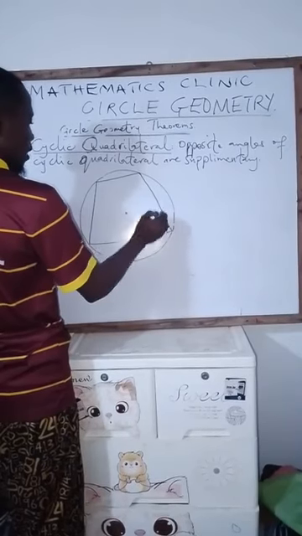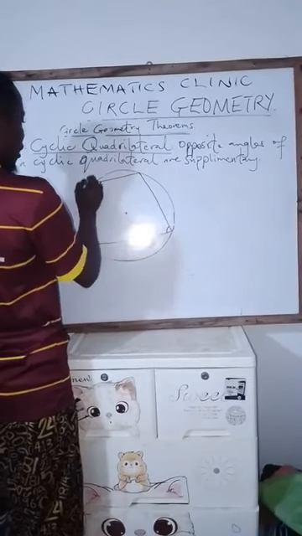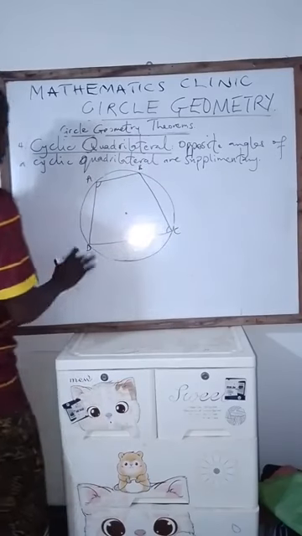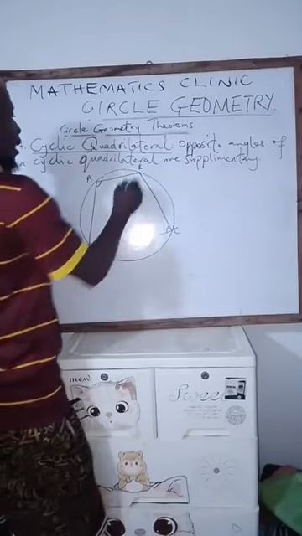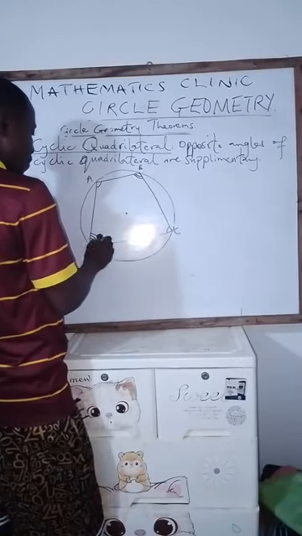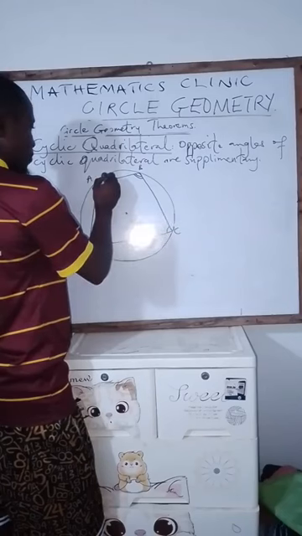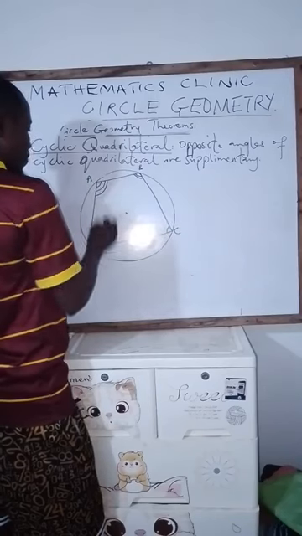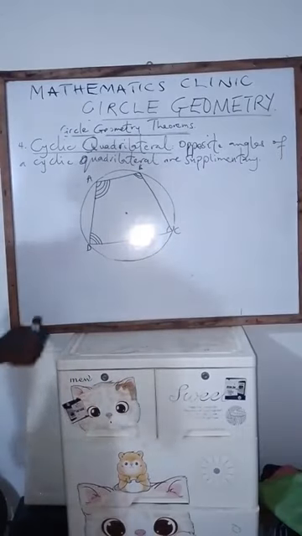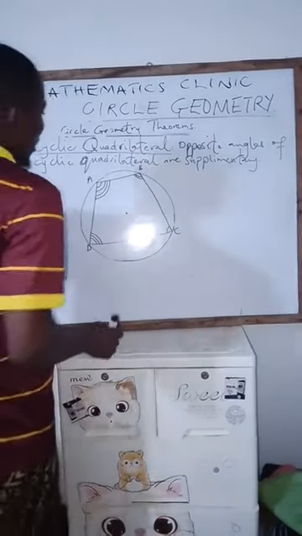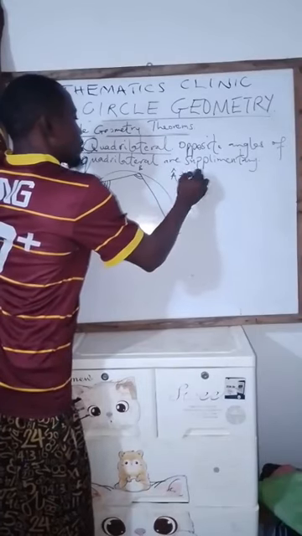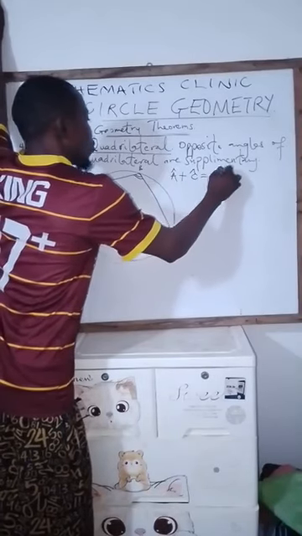Let's call the angles A, B, C, D. What the theorem is saying is that angle A plus angle C must be equal to 180.